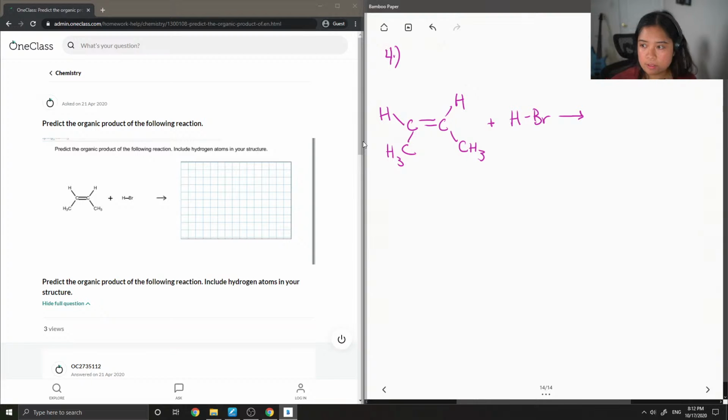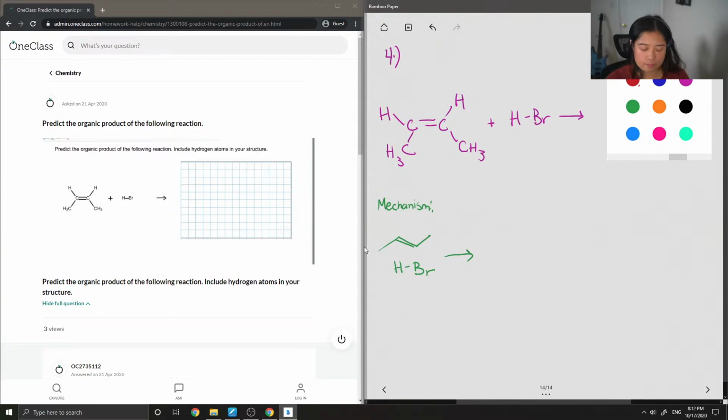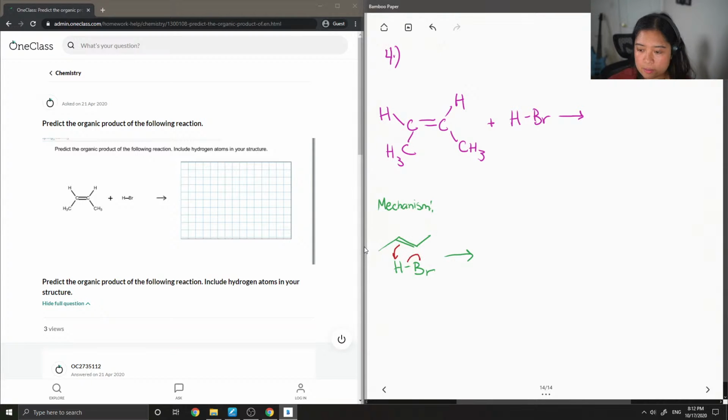Okay, so if we were to do that, let me write out the mechanism. So you can have your double bond attack and deprotonate the HBr.